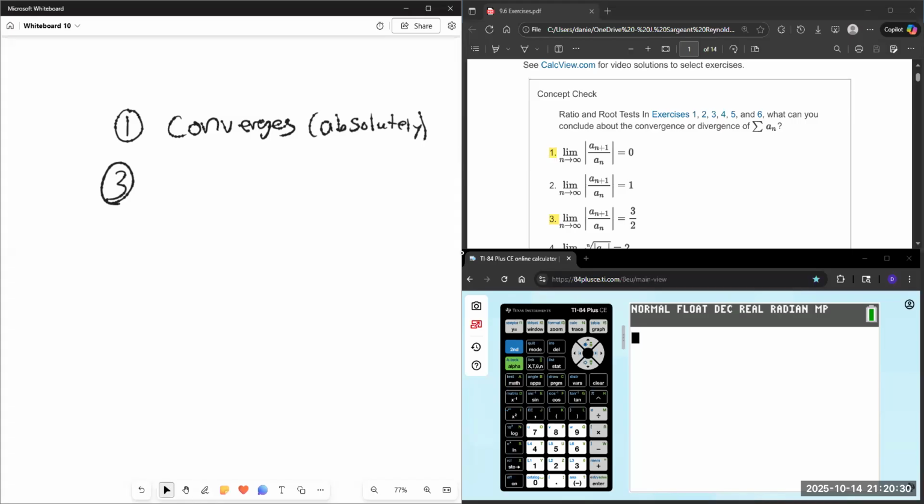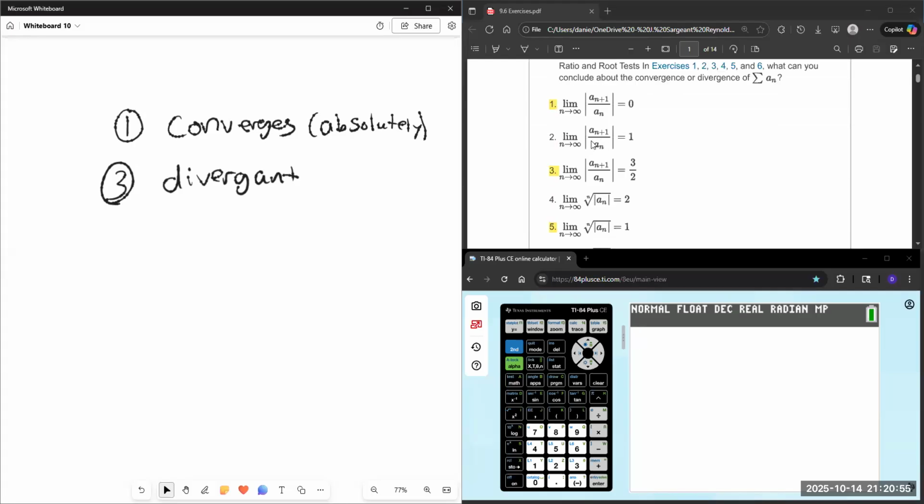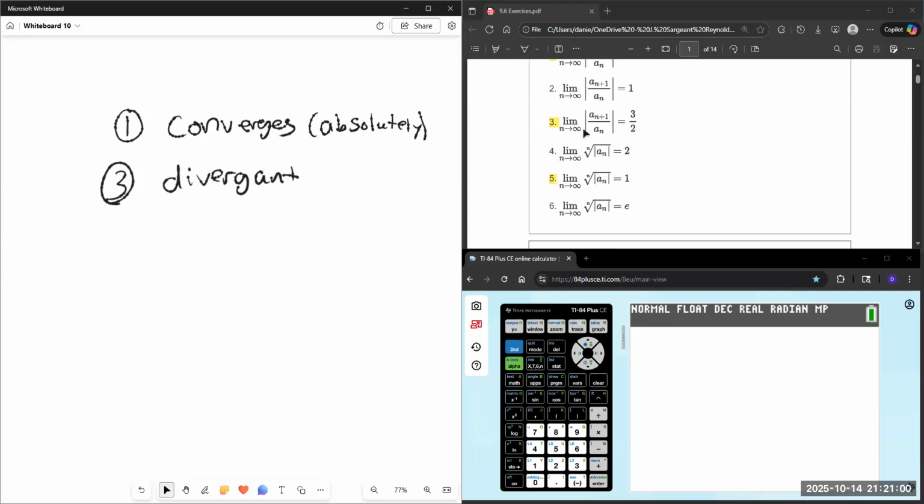If the absolute value of the ratio of the last terms is 3/2, that's going to be divergent. If it's equal to 1, like in problem number 2, that doesn't tell us anything. That's inconclusive.